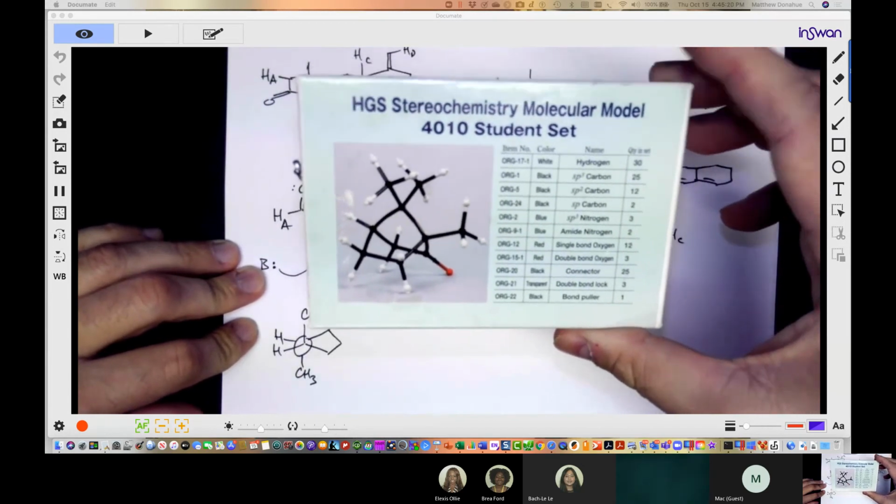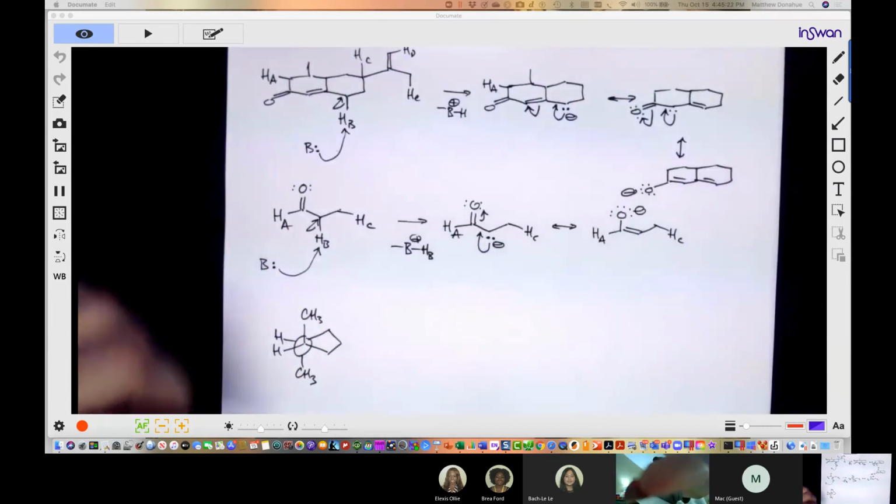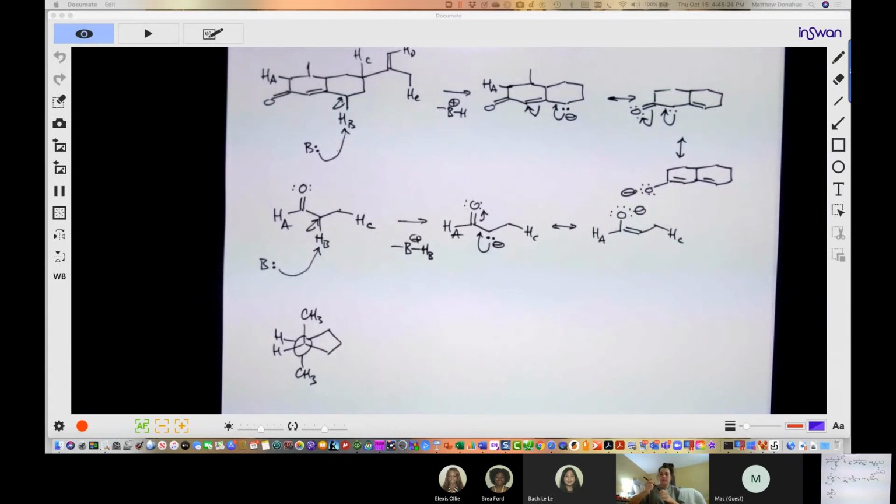They don't make this specific one anymore, but it's similar enough. So I'm going to throw together a couple carbons here. So as we saw in Mac's answer, the ring size is 5, right?